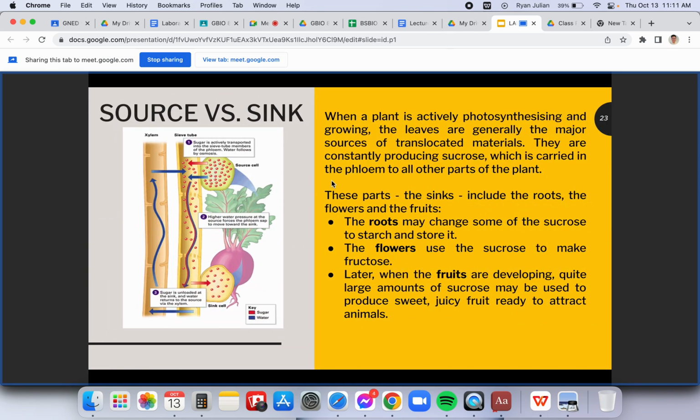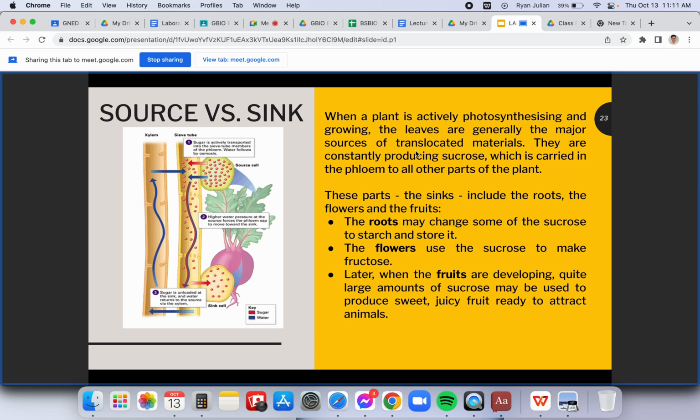In addition to that, when a plant is actively photosynthesizing and growing, the leaves are generally the major sources of translocated materials. When we say translocated materials, these can also be called assimilates. Hence, the topic that we're having, photoassimilates, which includes the involvement of light in the various end products of photosynthesis.